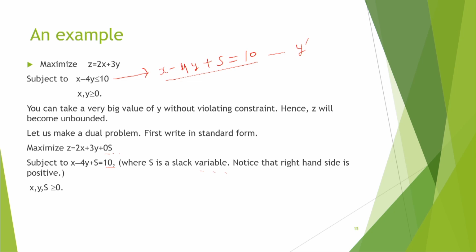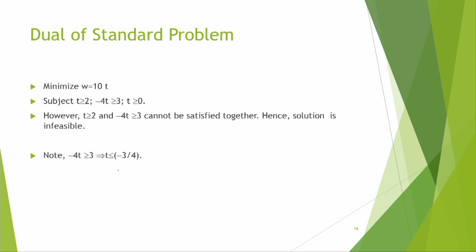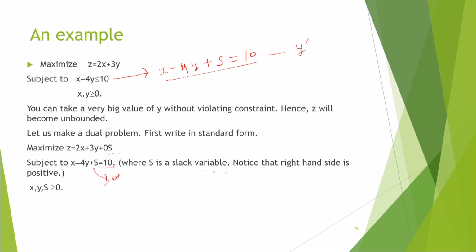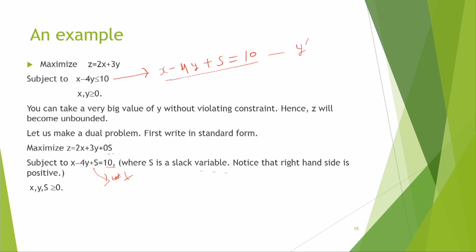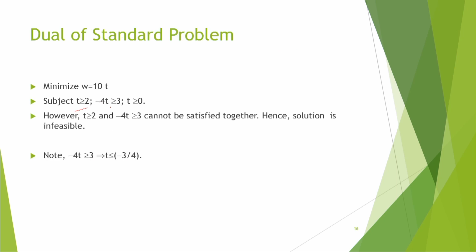Then what should I do? Very easy: associate with this a dual variable. Let us indicate it by t. So minimize w is equal to 10t, subject to t greater than 2 corresponding to x, and minus 4t greater than 3 corresponding to y, and t greater than 0.